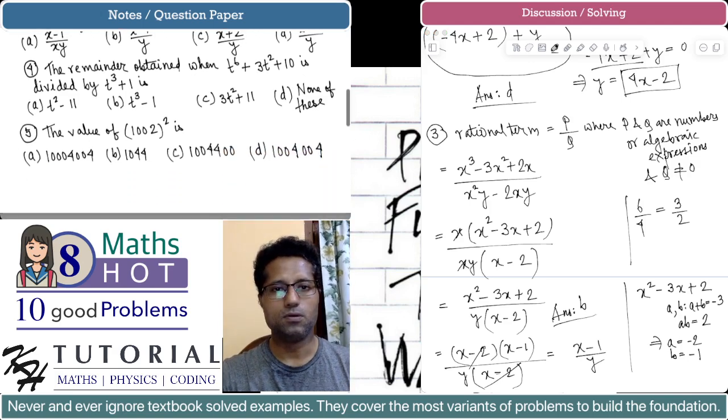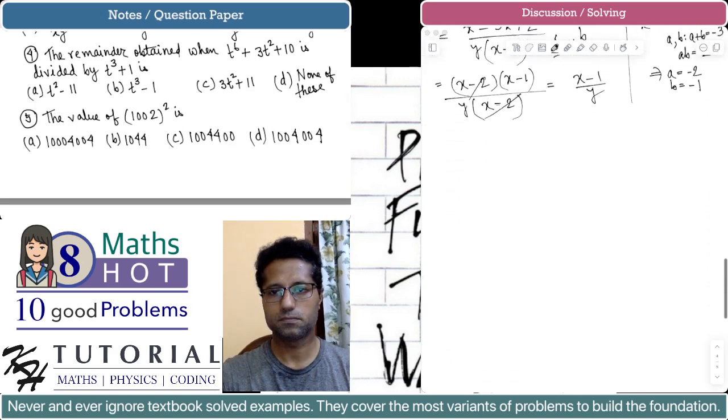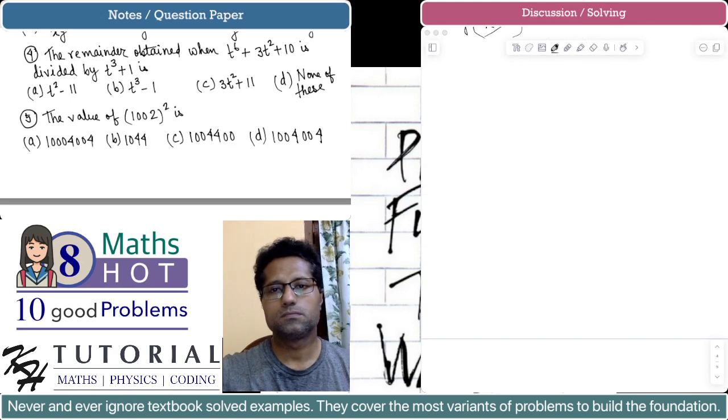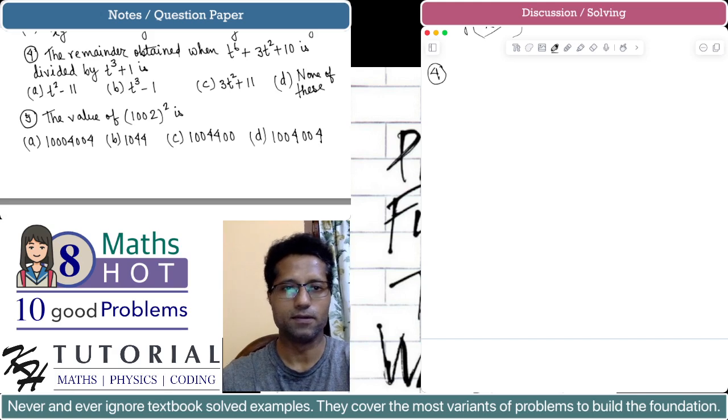Okay, let's do problem number 4. The remainder obtained when t to the power 6 plus 3t square plus 10 is divided by t cube plus 1.